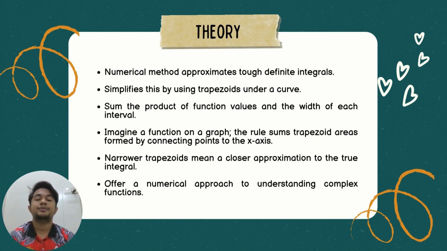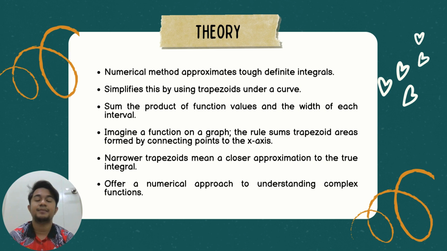The trapezoidal rule is applied to solve the definite integral of the form integral from a to b of f(x) dx by approximating the region under the graph of the function f(x) as a trapezoid and calculating its area.